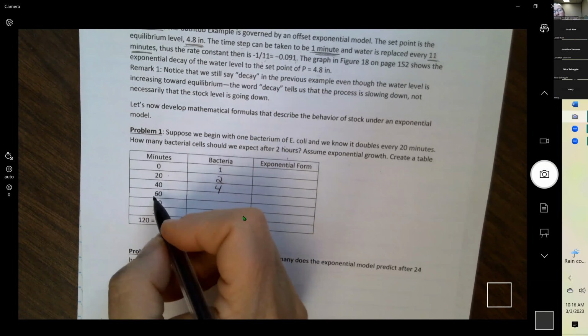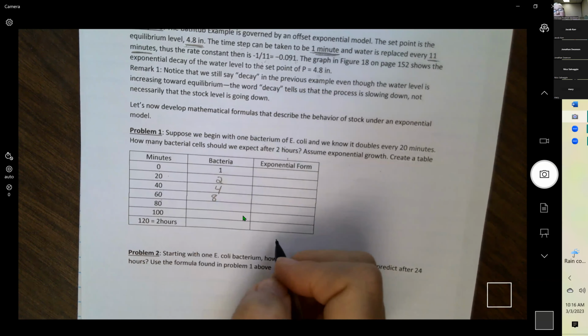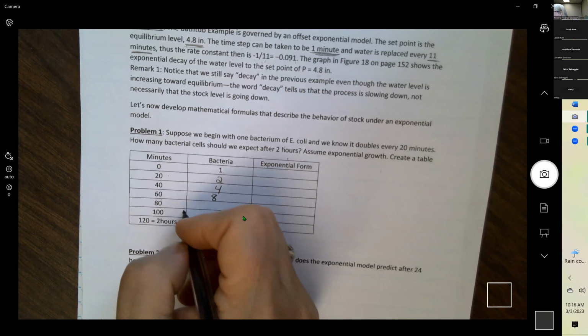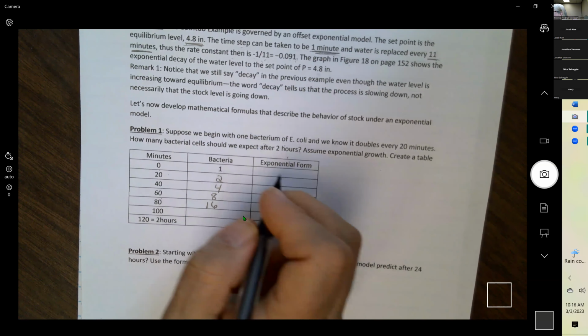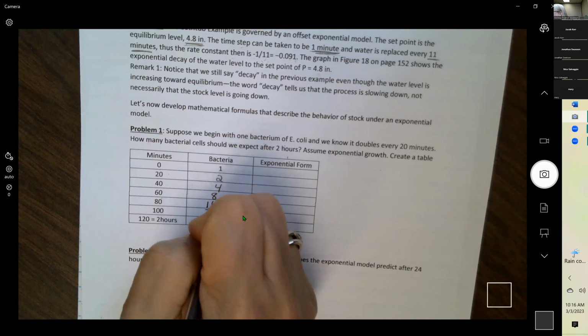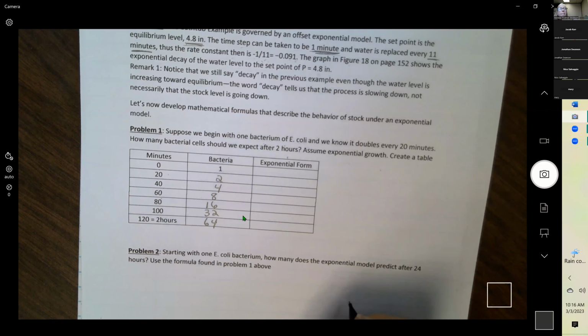And then another 20 minutes, 4 becomes 8. In 20 more minutes, 8 becomes 16. 32, 64. Any questions on that part?